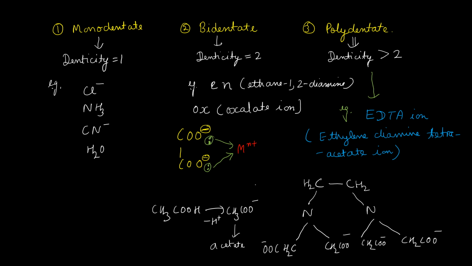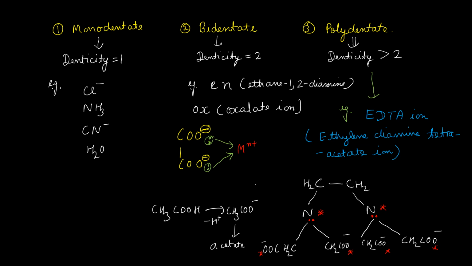Now in this case, if we look for the donor atoms, then the first donor atom will be nitrogen, as it has one lone pair of electrons over it. So another nitrogen, 2. Now this oxygen is negatively charged, so this is next, this oxygen, and this oxygen.